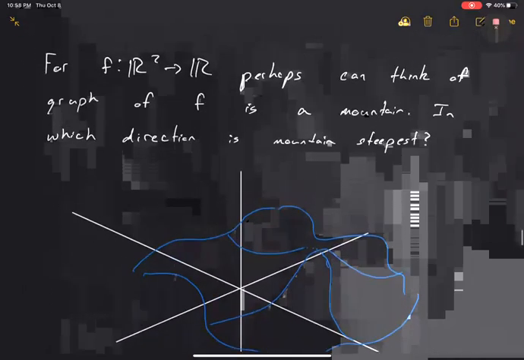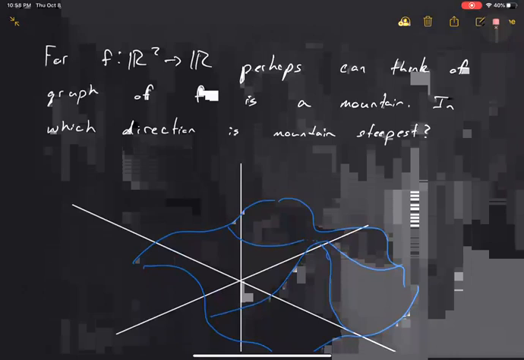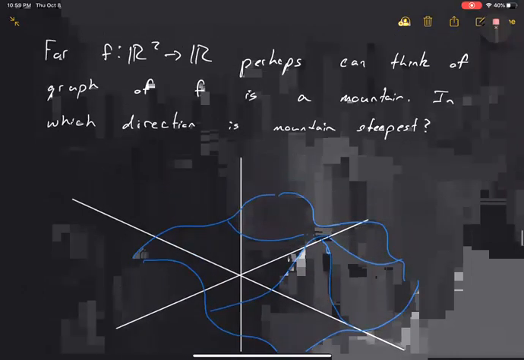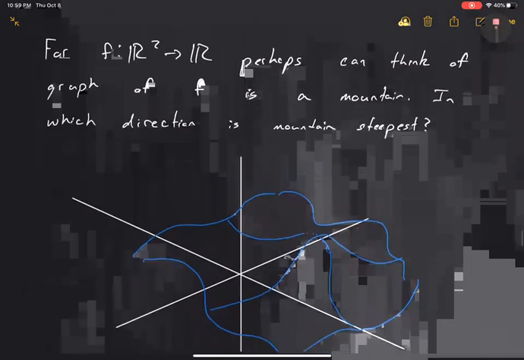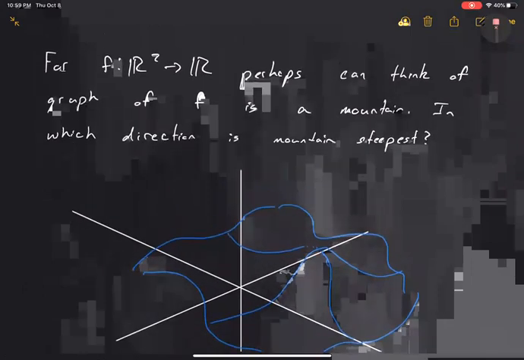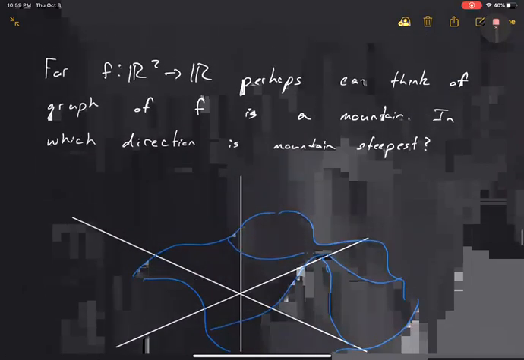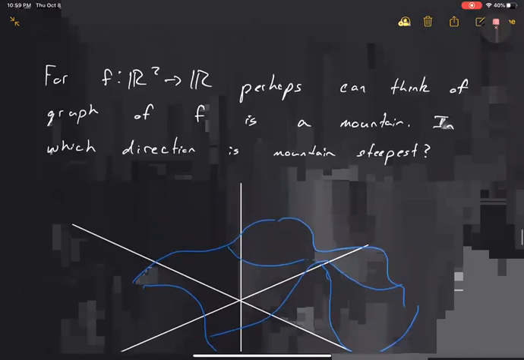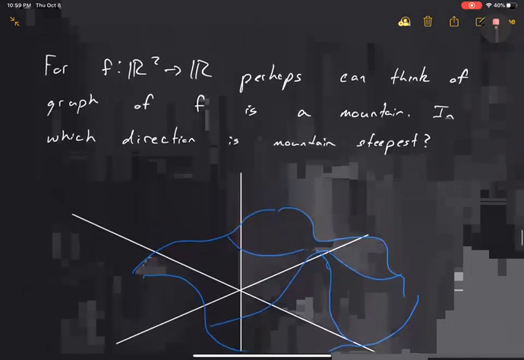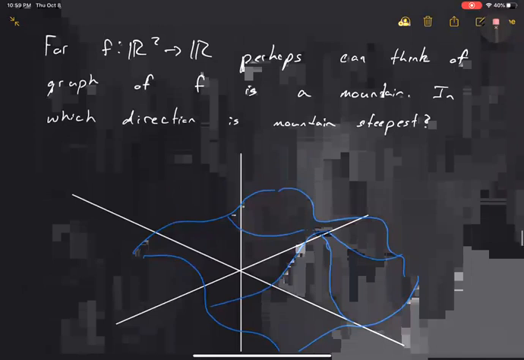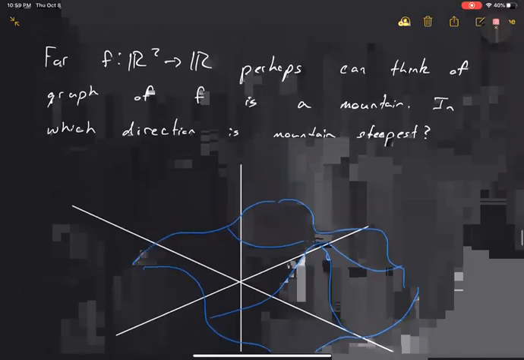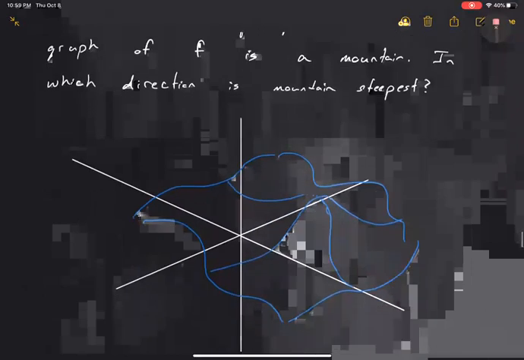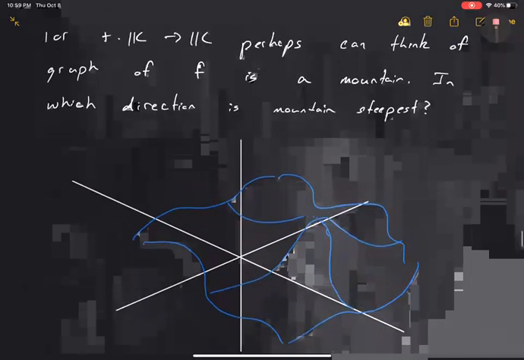So again, thinking of the specific case R2 to R, just because it's easy to graph, it's got a good balance of being somewhat easy to graph and making you think in multiple dimensions. We can think of this graph from R2 to R as a mountain, right?